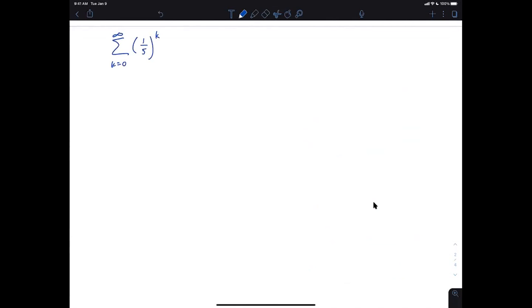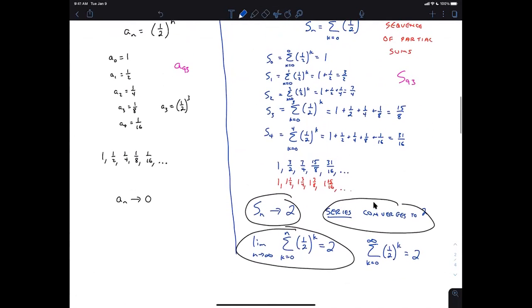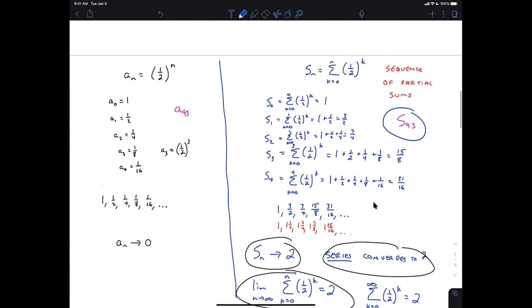And the goal is to find a formula for S_n where you can just plug in like 93 and be done with it and not have to deal with sigma notation. Does that make sense to everybody?